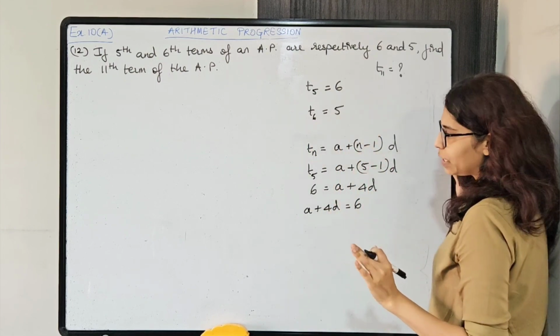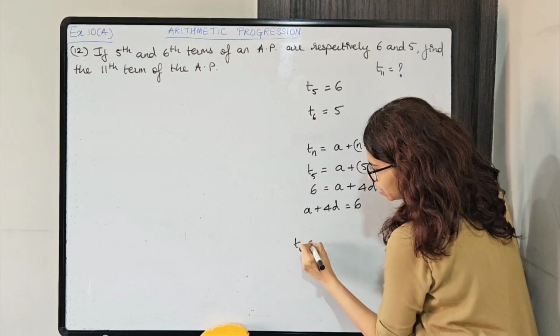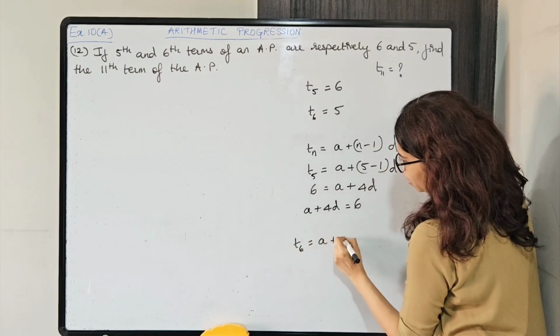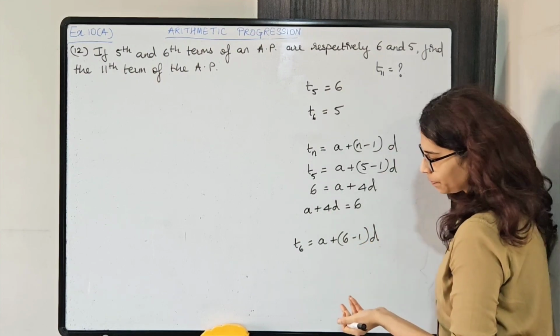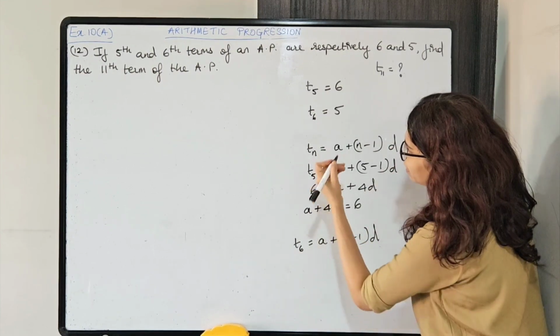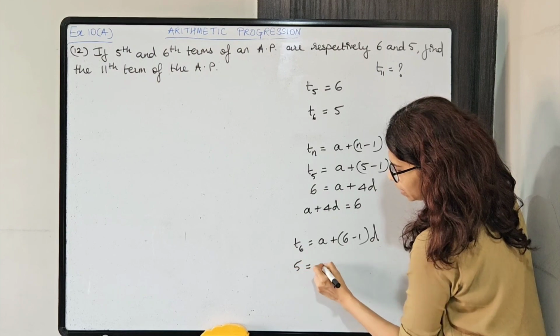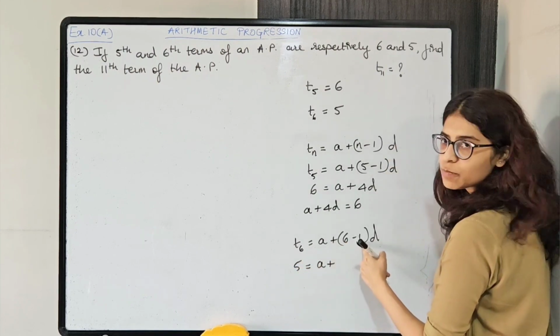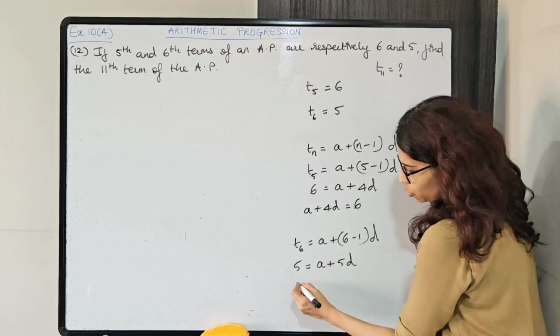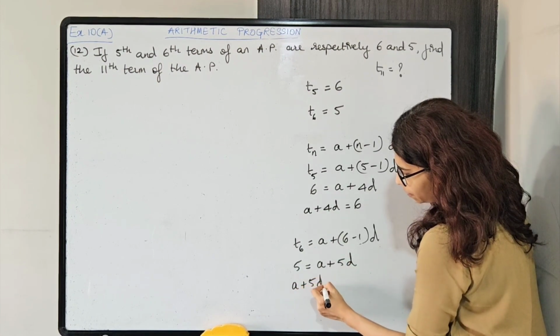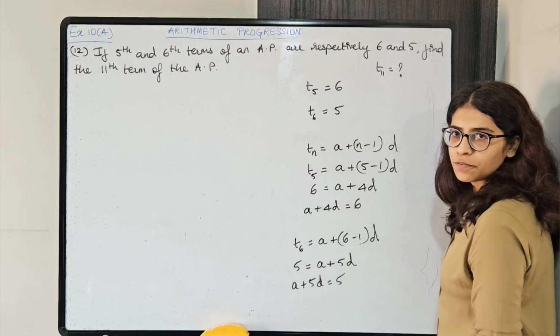T6 is equal to 5, so T6 is equal to a plus (6 minus 1)d. So 5 is equal to a plus 6 minus 1, which is 5d. Okay, so a plus 5d is equal to 5.